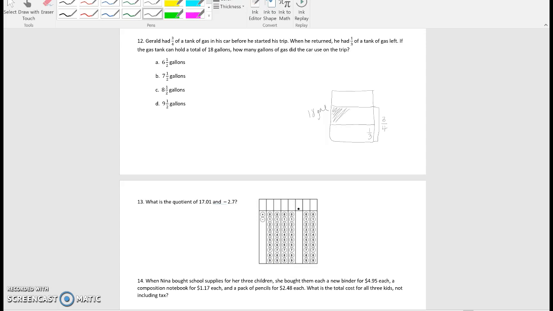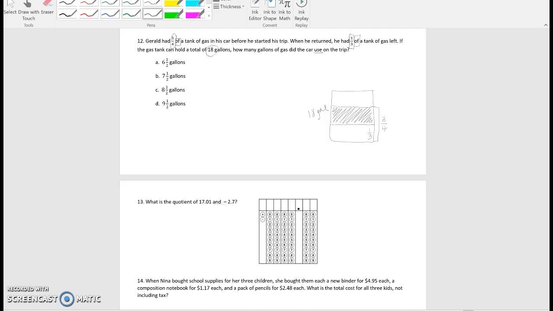If it can hold a total of 18 gallons, how many gallons of gas did he use? So we're looking for how many gallons he used, right? Okay, so he had 3/4 of a tank. Then he had 1/3 of a tank. How many gallons did the car use?